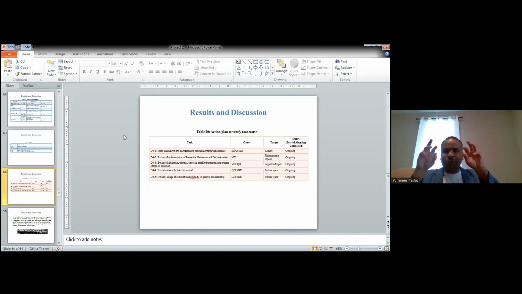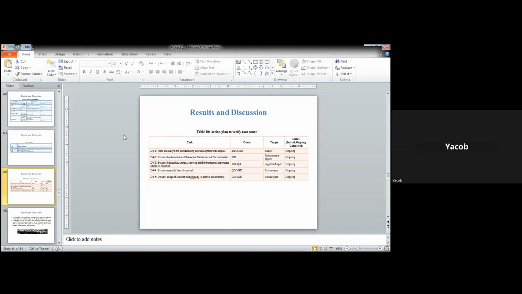It's better to perform a kind of design of experiments on that. Okay, so there's an action plan that we put down, and based on the action plan you will do it.